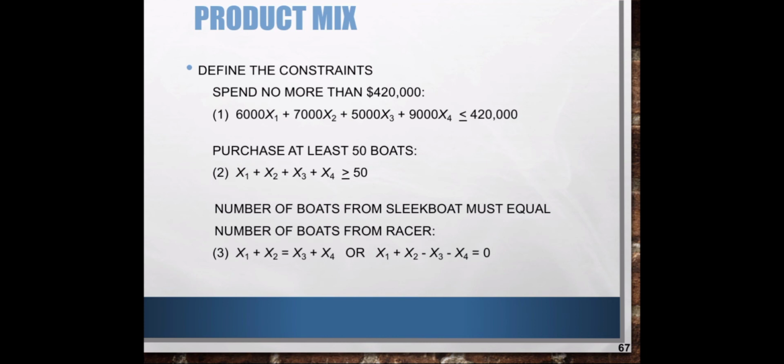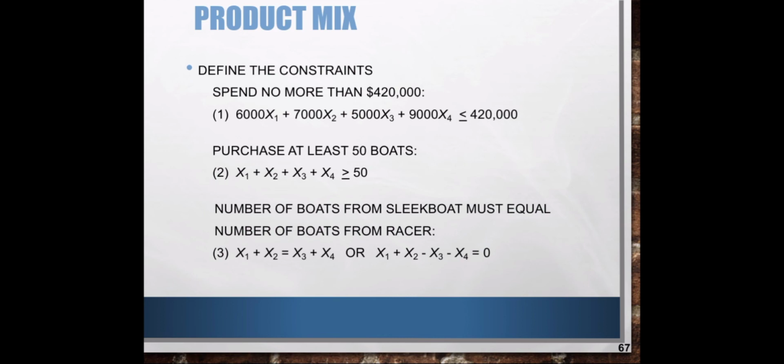Define the constraints. Spend no more than $420,000. So 6,000x sub 1 plus 7,000x sub 2 plus 5,000x sub 3 plus 9,000x sub 4 is less than or equal to 420,000. Purchase at least 50 boats.